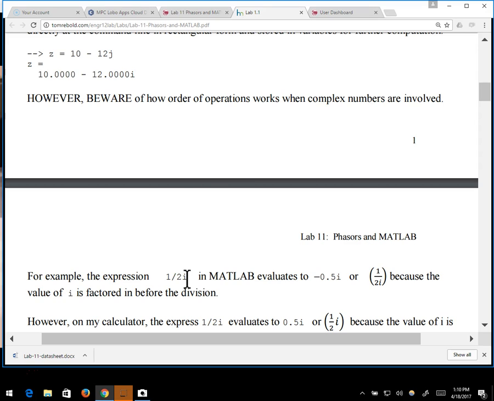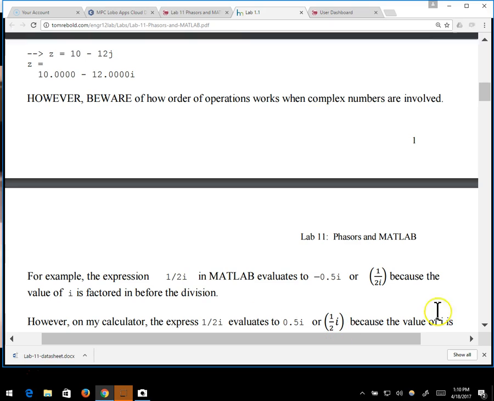Does that make sense? And 1 over something with i in the denominator is negative, because you multiply by i over i, or j over j, and that gives you a -1 in the denominator. We did that in lecture 2. So that can screw up a calculation pretty easily.